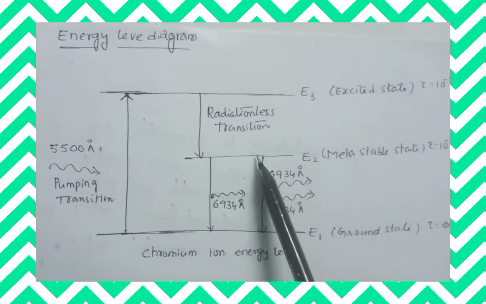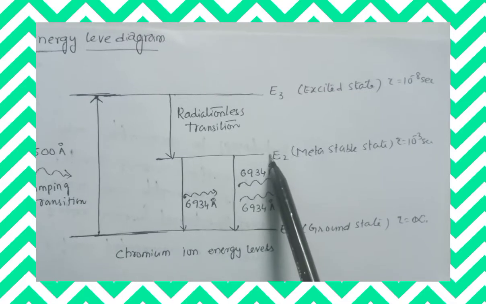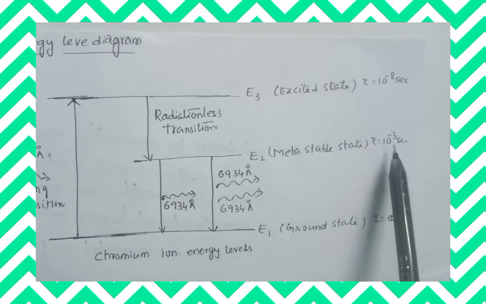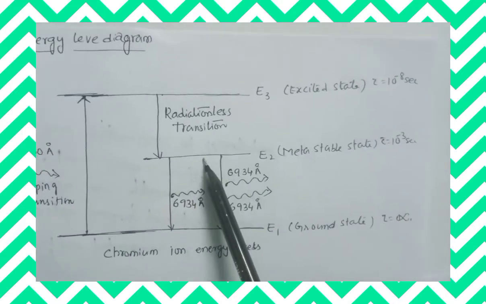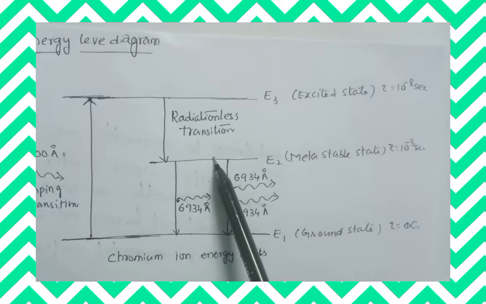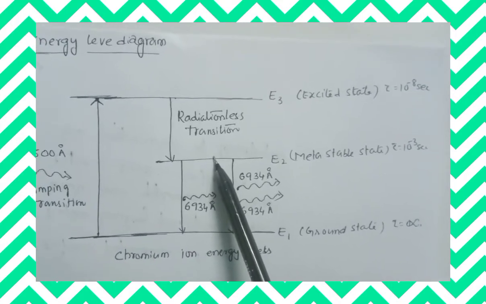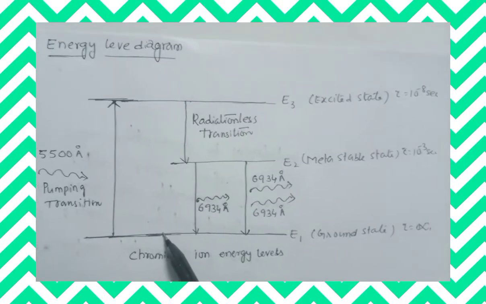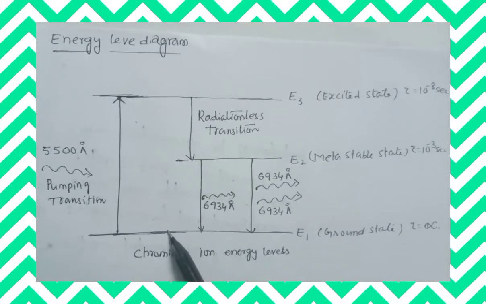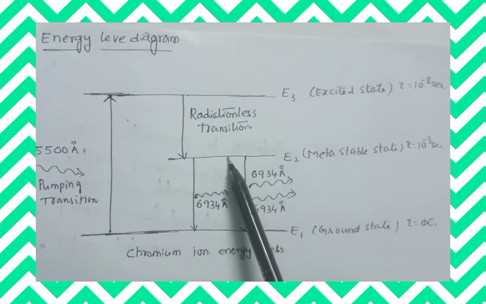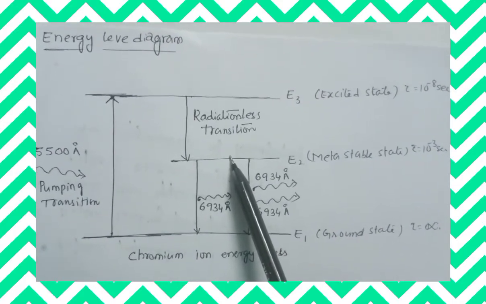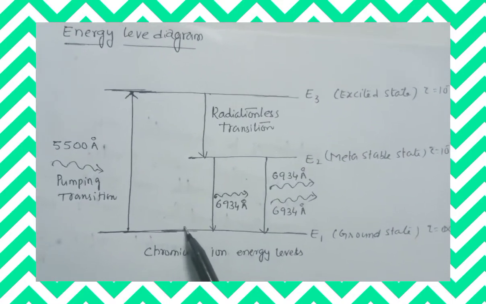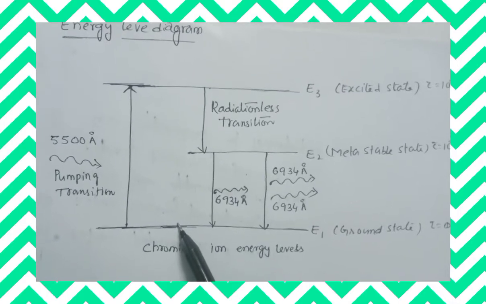The metastable state has a time period of 10 to the power of -3 second, so the number of ions in the E2 state increases, while due to pumping the number of chromium ions in energy level E1 decreases.